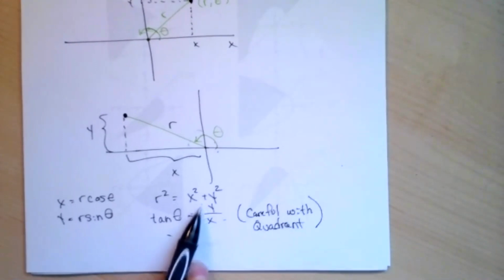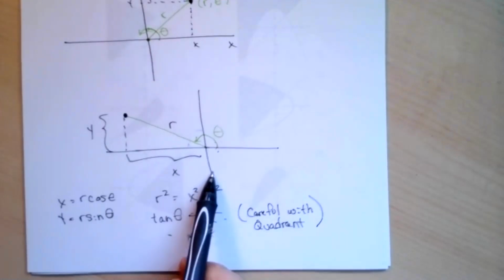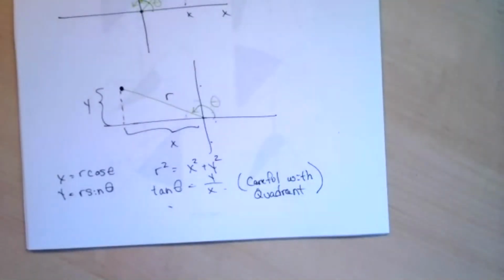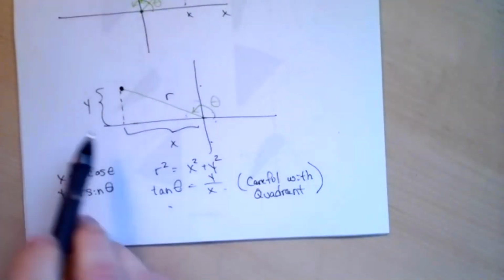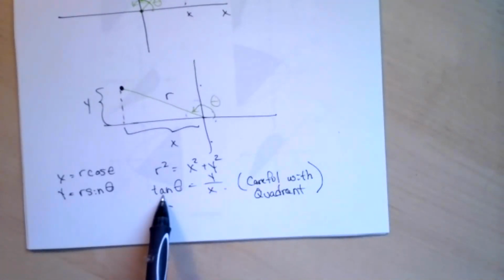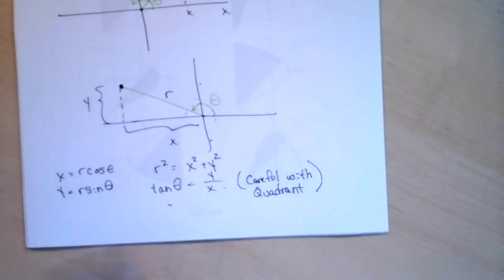If I say theta is arctangent of y over x, what's the problem there? Arctangent is restricted between minus pi over 2 to pi over 2. And sometimes, of course, we're going to have points in all the quadrants, 2, 3. And so we need a more general equation. We have to keep it as tangent of theta. And just remember that when you're solving such an equation, you're often going to get solutions in two different quadrants. And so you have to use the given information you know about where x and y are to determine what the appropriate theta is that corresponds to that.